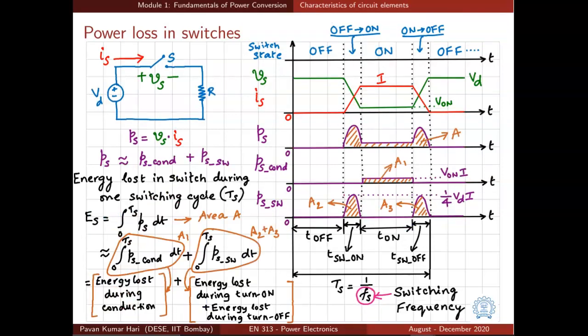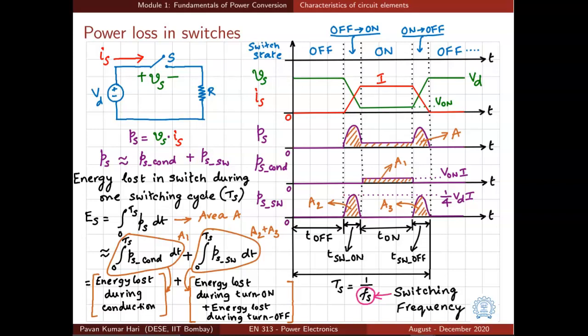Let us take a look at the energy lost in the switch in one switching cycle Ts. What is the energy lost? Energy lost is the area under the power waveform, that means the area A indicated here. That is the energy lost in the switch during one switching cycle, and it can be seen as a sum of two areas.